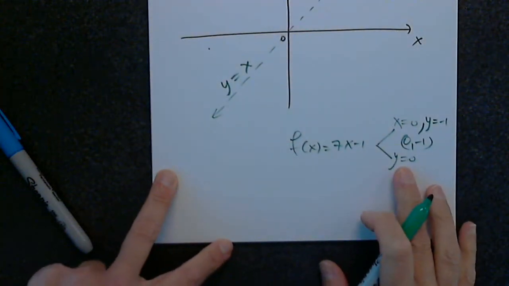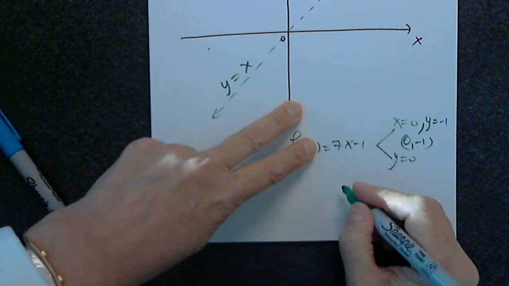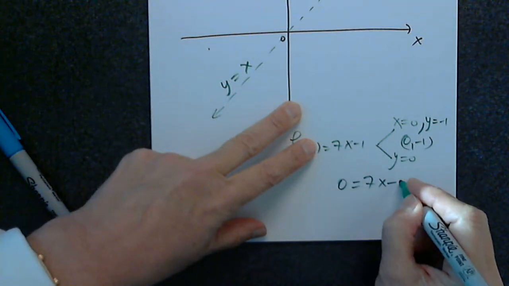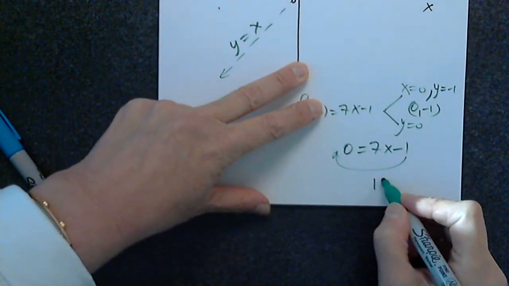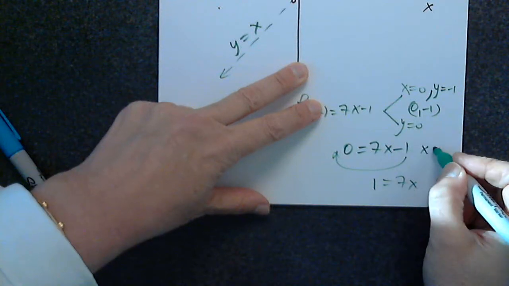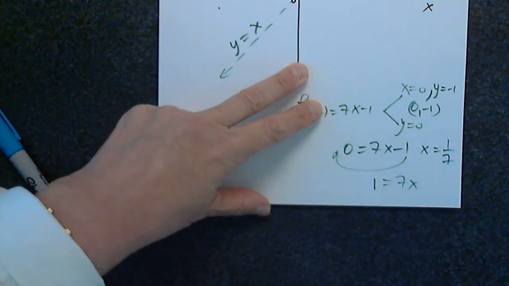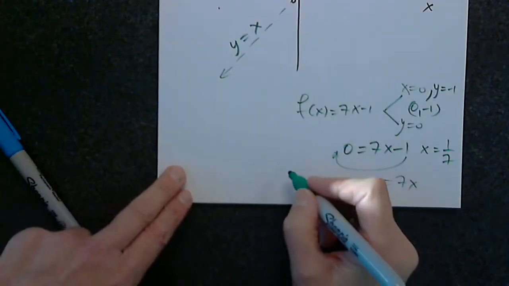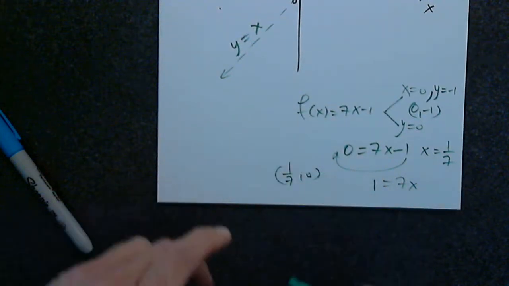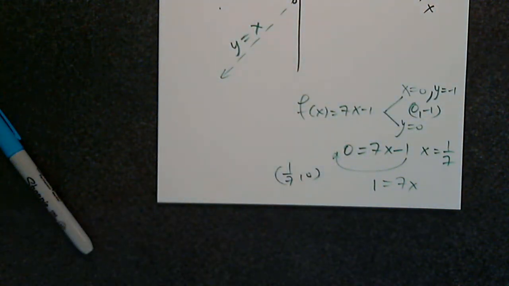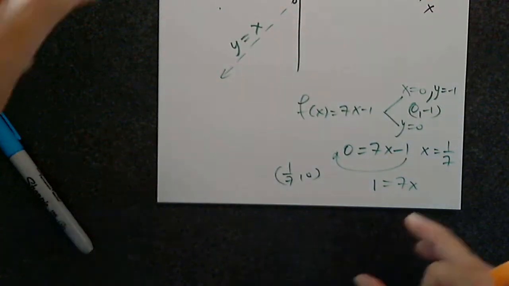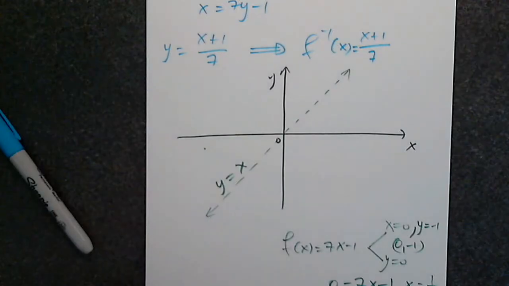Now, for the other intercept, I may just need to do some work. That's okay. 0 equals 7x minus 1. 1 equals 7x. x is 1 over 7. So we have two ordered pairs: 1/7, 0 and 0, negative 1. So I am going to plot 0, negative 1.